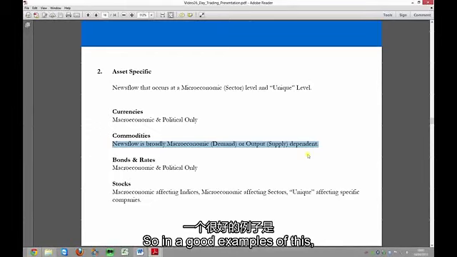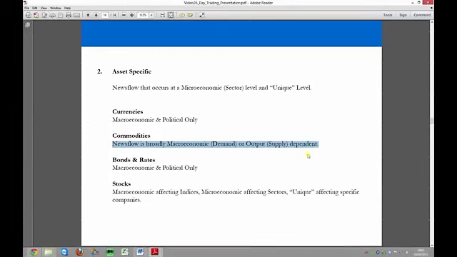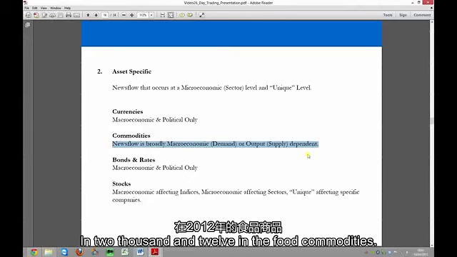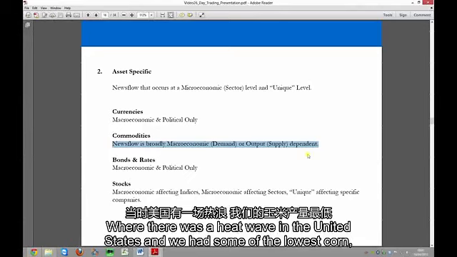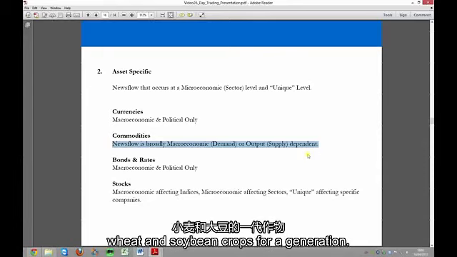So, good examples of this were in 2012 in the food commodities, where there was a heat wave in the United States, and we had some of the lowest corn, wheat and soybean crops for a generation.